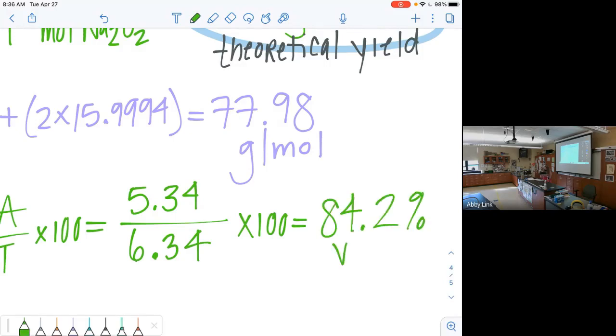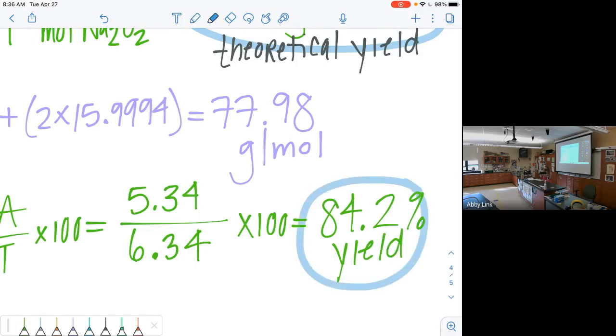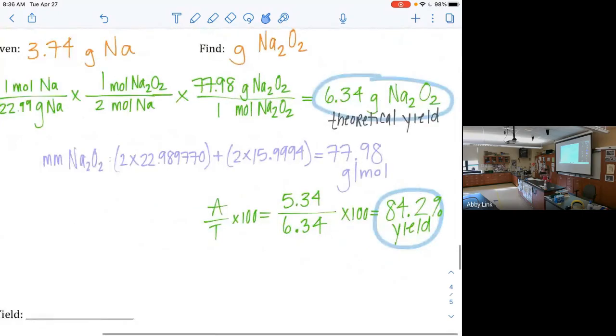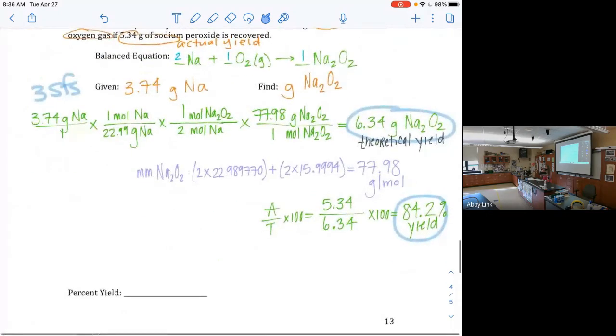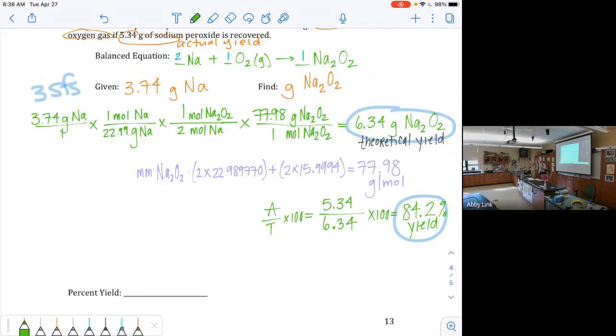And I'm going to label that also and put a circle around that because technically I found 2 things in this problem, right? And I'm going to label it with a percent and a yield. Okay? We can also come down here and write it on this nice little line, just to be really clear.